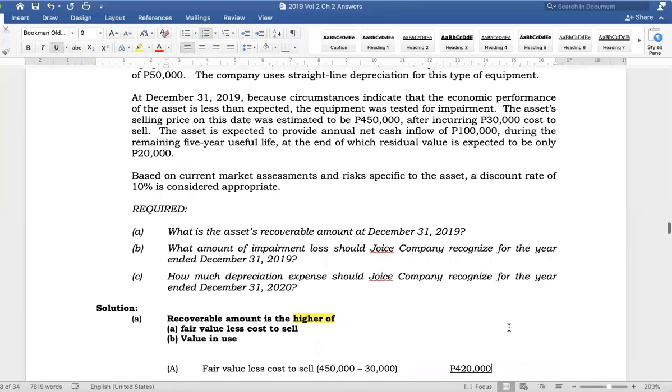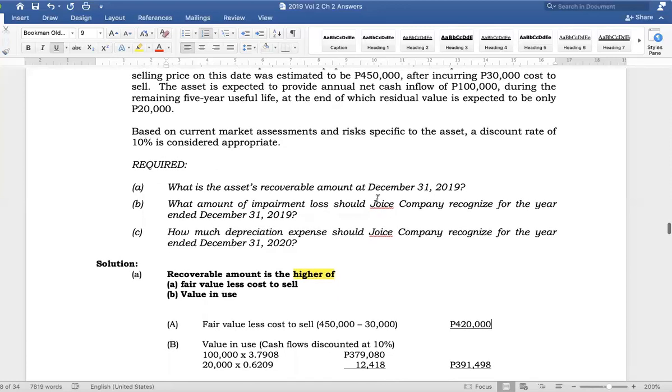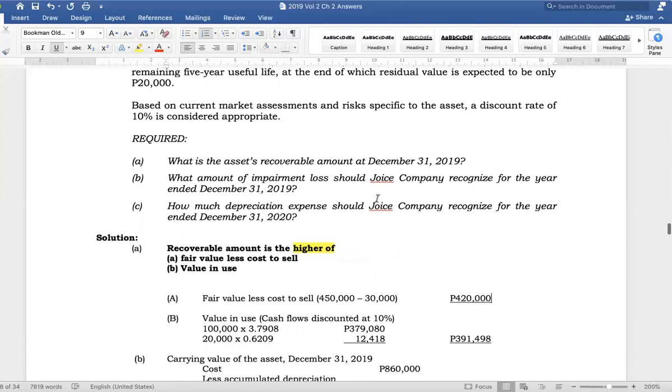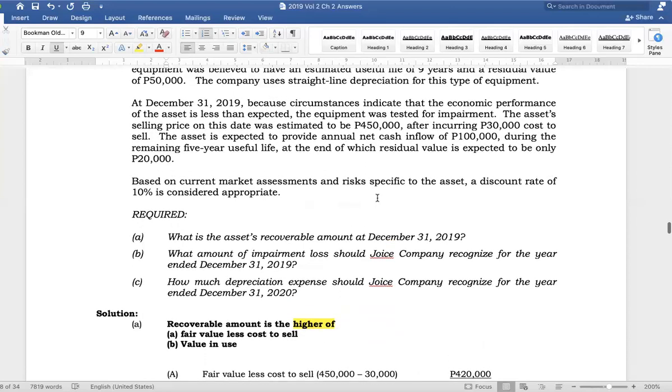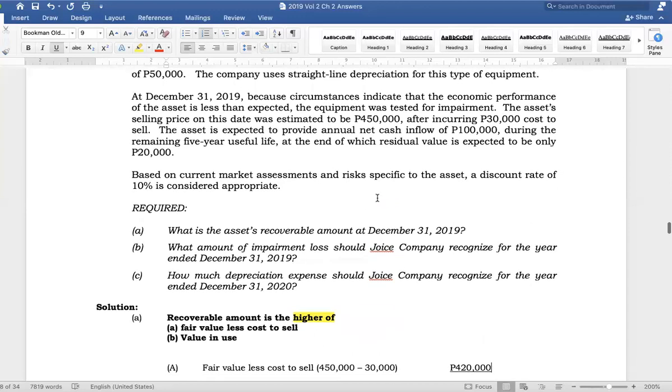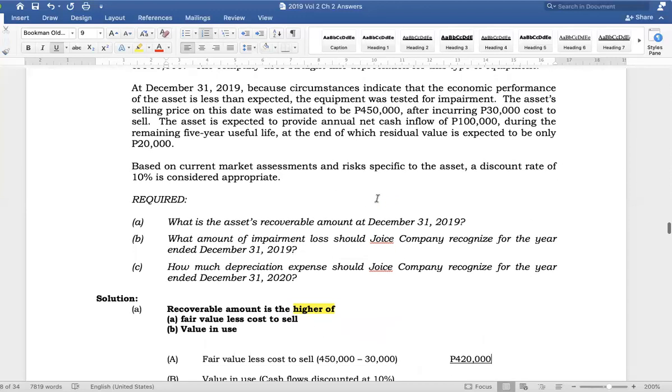Whereas the value in use will be the expected cash flow from the revenue minus the cash outflow from the cost to be incurred.